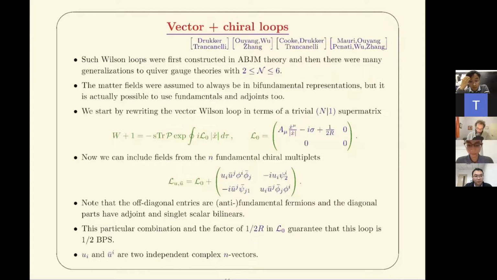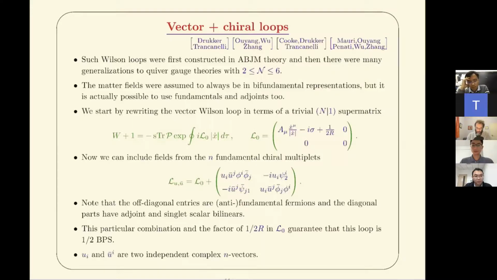And now, if I have n fundamental chiral multiplets, so I'm not adding any other vector fields, just chiral fundamental matter, I can add this block to this. And here I'm including phi bar. Phi is in the fundamental, phi bar is in the anti-fundamental.